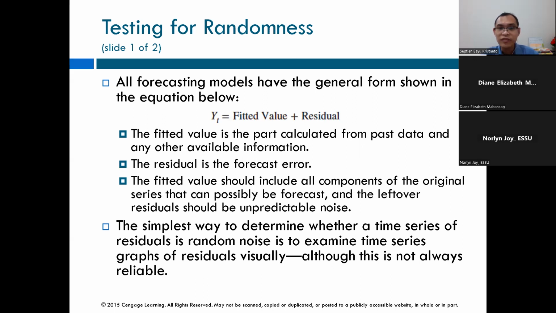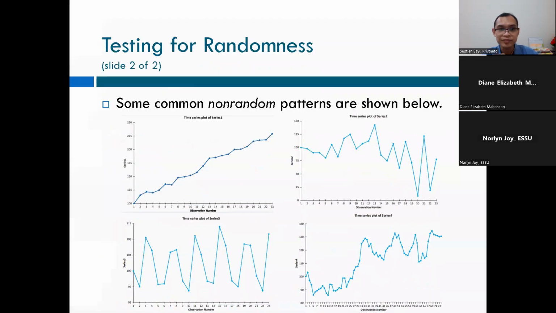So the fitted value can be separated from the residual, because the residual is sometimes unstable. The number of residuals is unstable, or we call it the error of data. But the fitted value can be predicted in our analysis. The noise is included in the residual value.